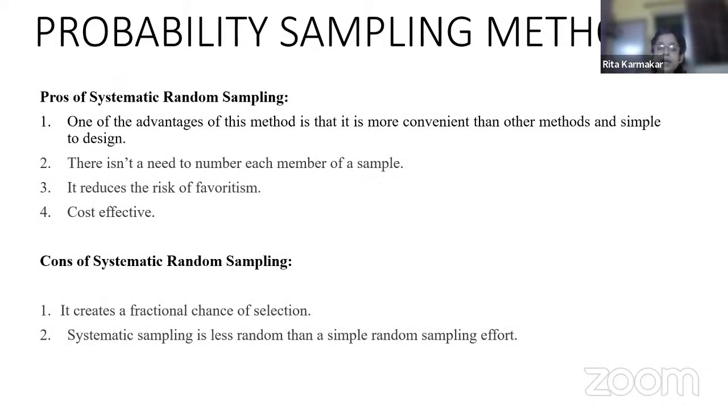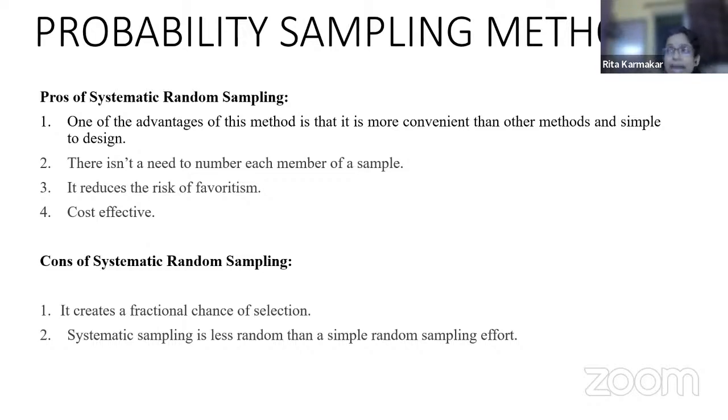Okay. The pros and cons of this systematic random sampling. The biggest advantage that you can see is that it is very much convenient. When you have this skip interval, you can use random number generation for identifying the first element, because 10 is the skip interval, so the first number that you need to select is something between 1 to 10.